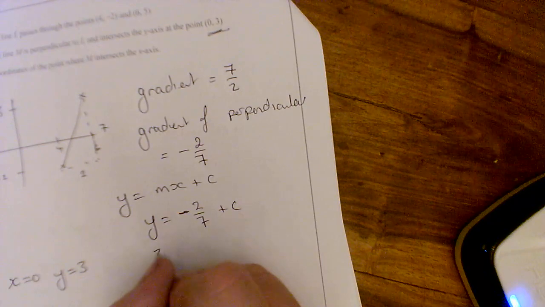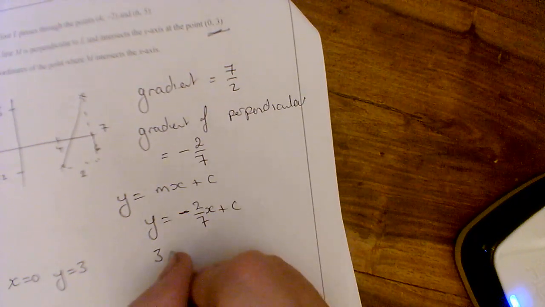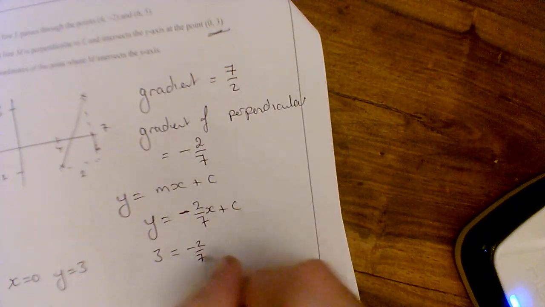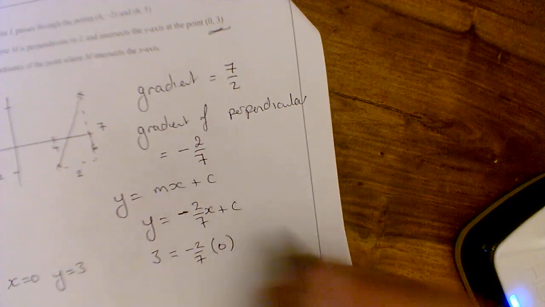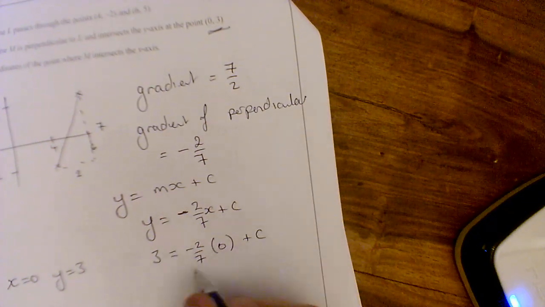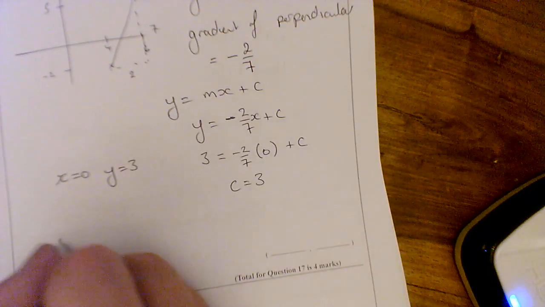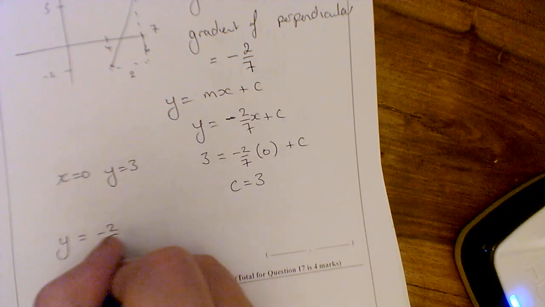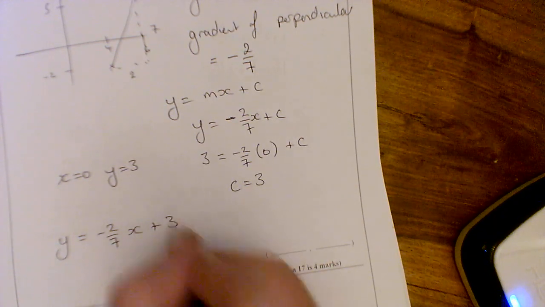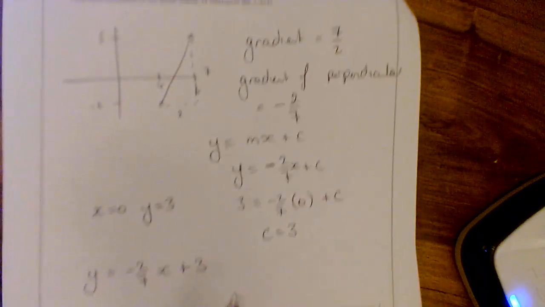So let's put them in. So 3 equals minus 2 over 7 times 0, which is obviously 0, plus c. So c must equal 3. So our equation is y equals minus 2 over 7 x plus 3. So that's our equation of the line that we're interested in.